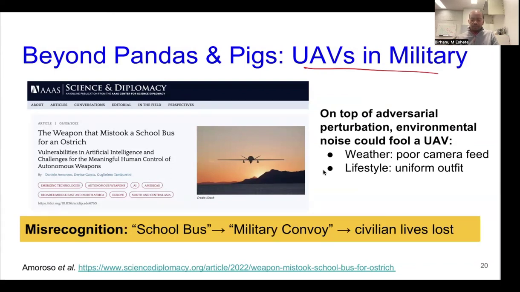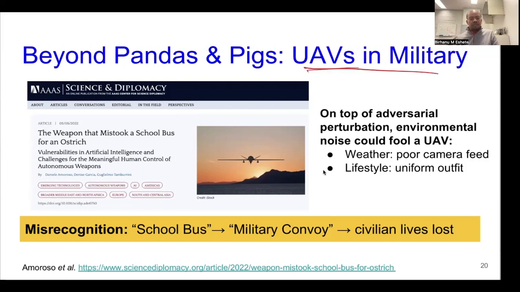So if such an autonomous vehicle misrecognizes a school bus as a military convoy, and you know that your target travels in a military convoy, what you would do next would be maybe shooting that military convoy. But in reality, what you're shooting is a school bus. So civilians will be in danger in these scenarios.